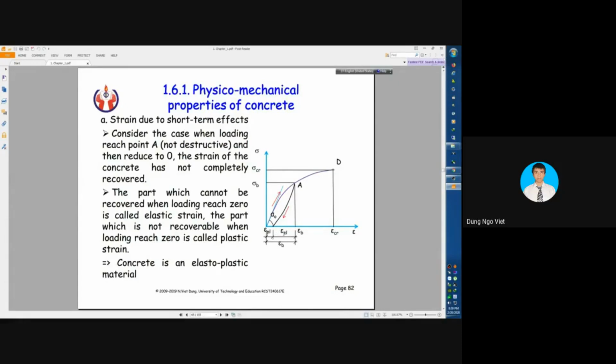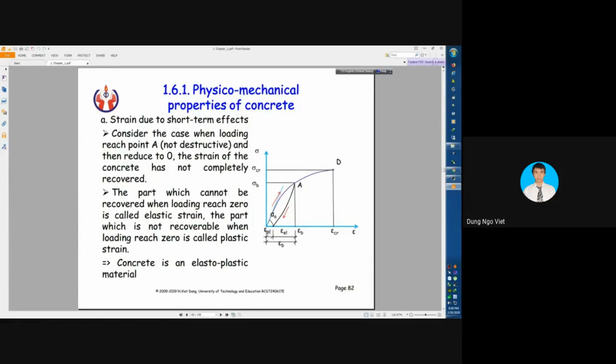So the part which cannot be recovered when the loading reaches zero is called plastic strain. This plastic strain is epsilon_PL, and epsilon_EL is the elastic strain. So you have to discriminate between the two values.